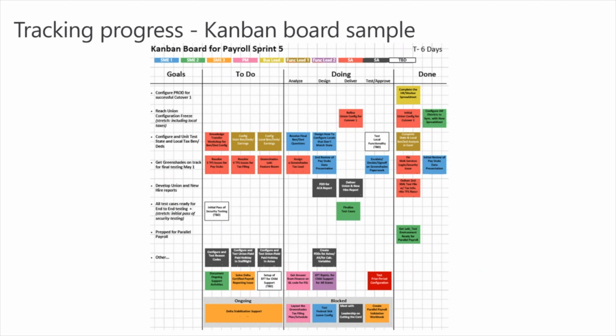If you're using a visual element like this during your triage, it's very easy to see where people are stuck. At a business process level, it's easy to pull in the right help. You're not getting dragged down into the lowest level of detail, where the team leads and the individuals are more than capable of dealing with that. An example here I use is, blue represents a particular business SME. As a team lead, you may look at that and say, you know what?